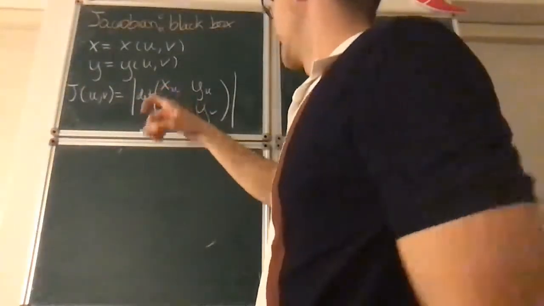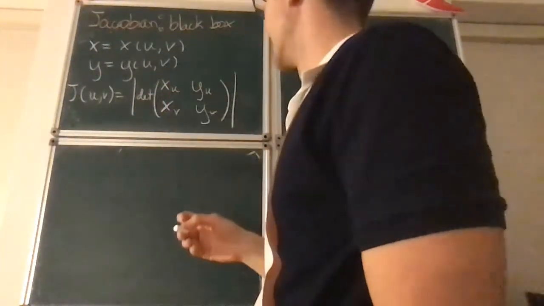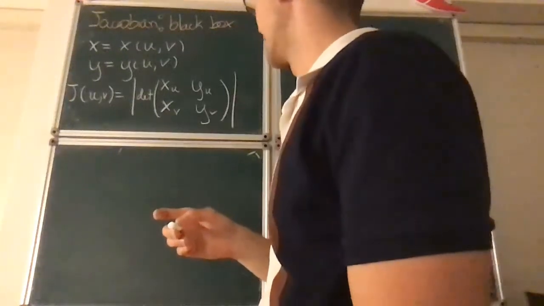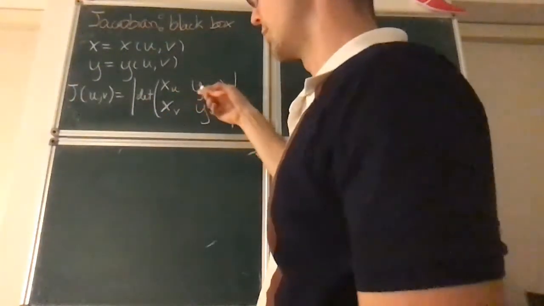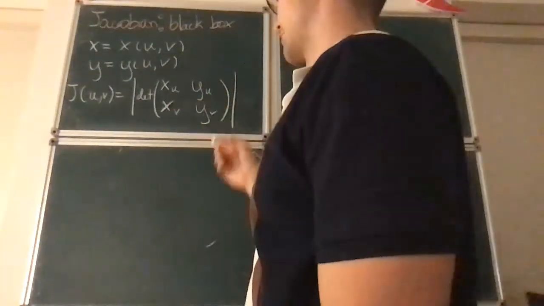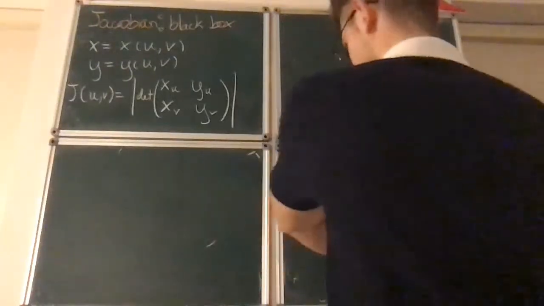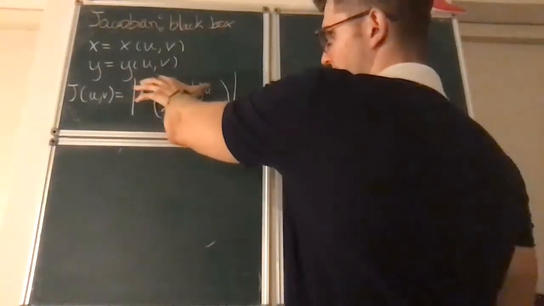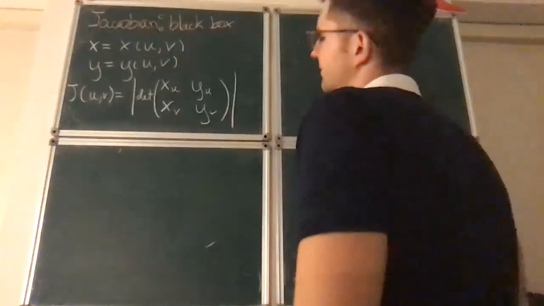By that I mean, again, x and y can be written as functions of u and v, and then you take the partial derivatives of x and y with respect to u, you put that in the first row, and then you take the partial derivatives of x and y with respect to v, and you put that in the second row. It's also okay if you had written them as a column.